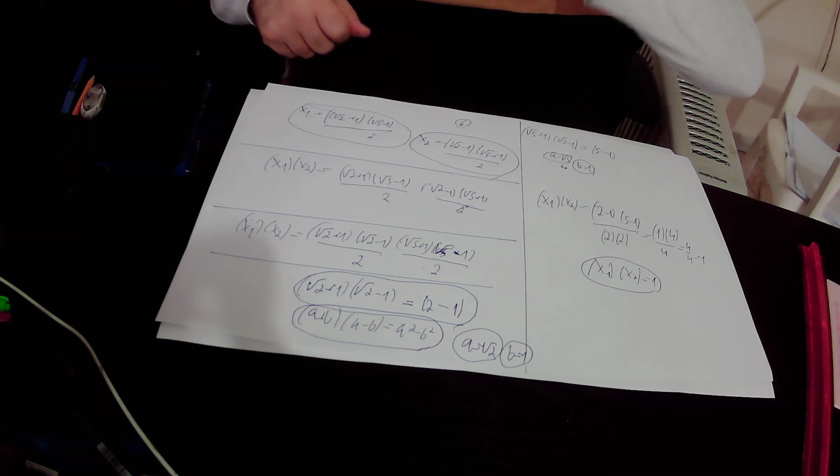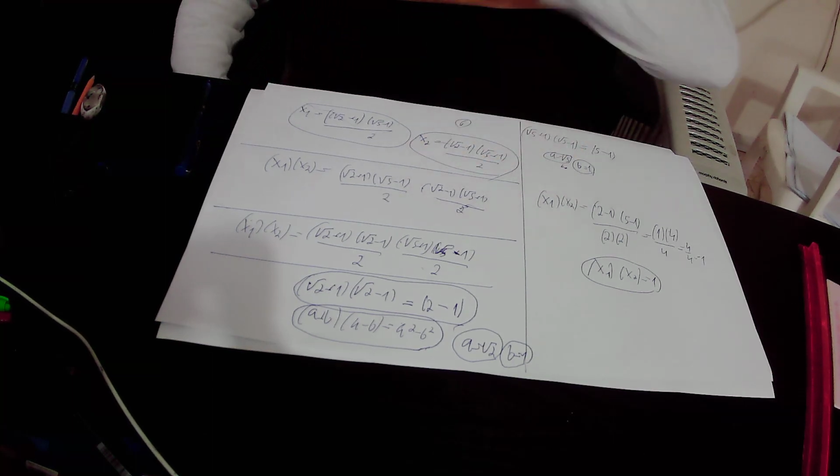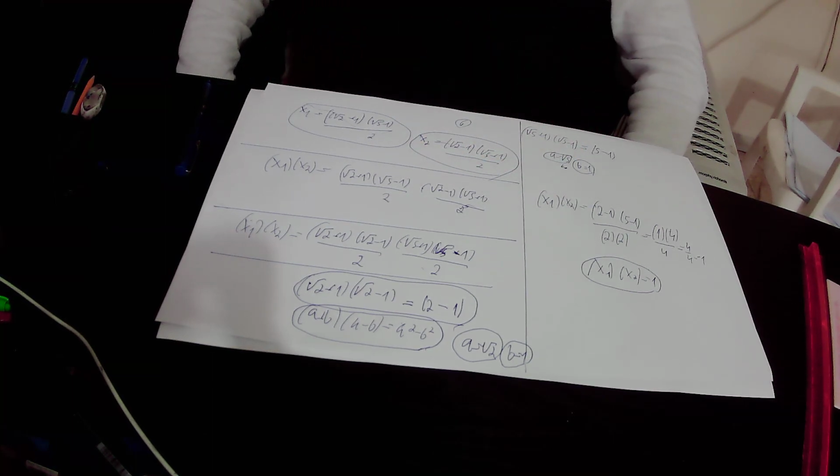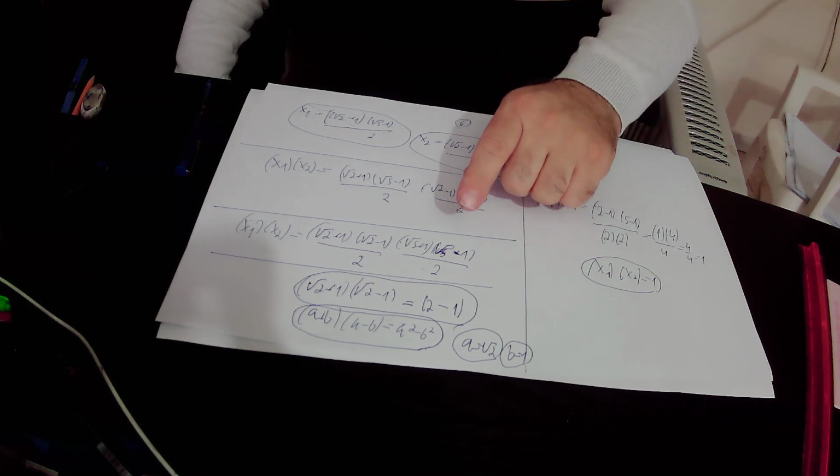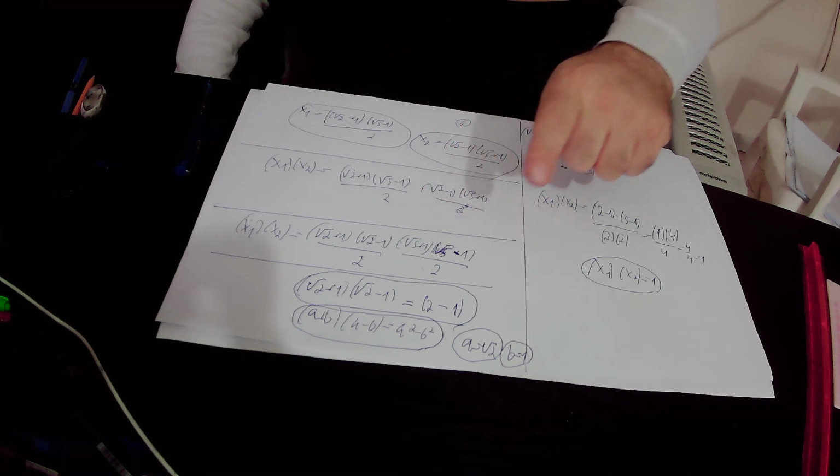And here we found the value of (√2 + 1)(√2 − 1) according to the algebraic identity that states that (a + b)(a − b) equals a² − b². Here a equals √2 and b equals 1.